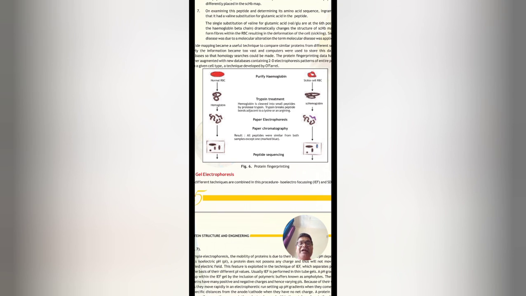So that point mutation was detected by the scientist V. A. Ingram in 1957, and confirmed the difference between normal hemoglobin and sickle cell hemoglobin. So this was the whole procedure of protein fingerprinting or peptide fingerprinting.